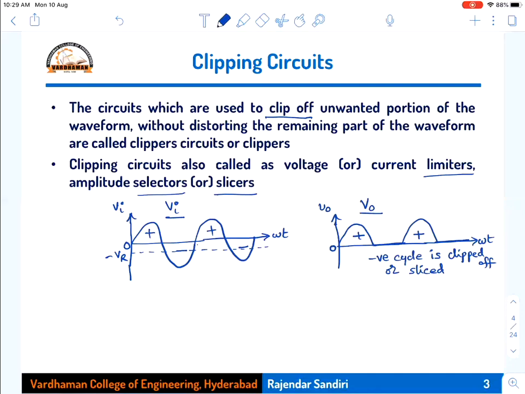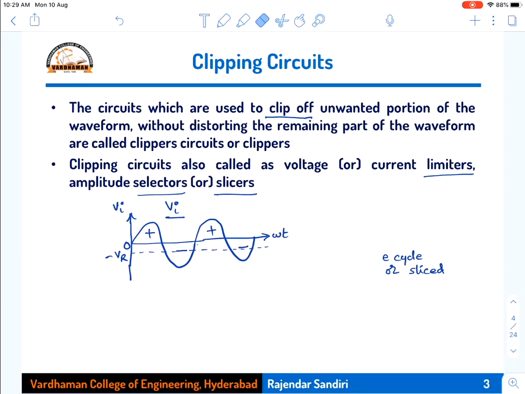Then your output waveform will look like this. This is omega t, output voltage is V0. Again I am taking it as a negative clipper. A negative clipper is nothing but the negative portion from the selected level will be clipped off.